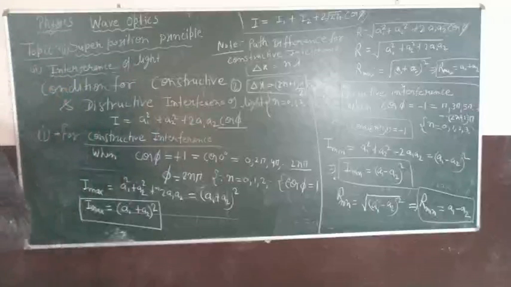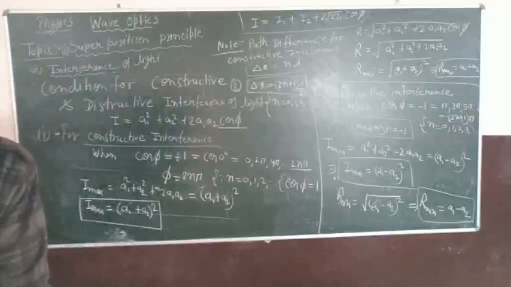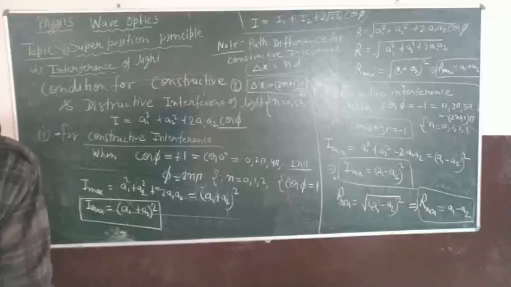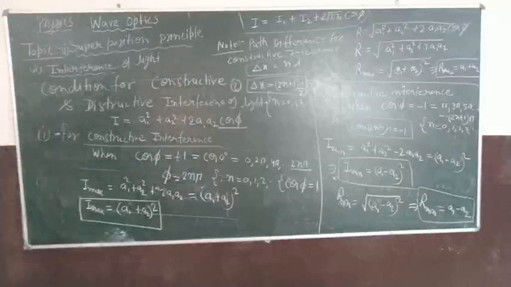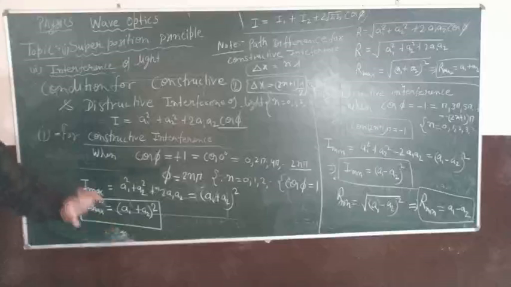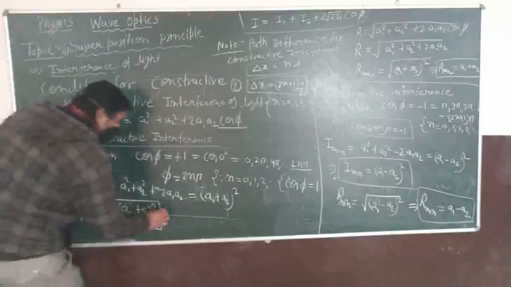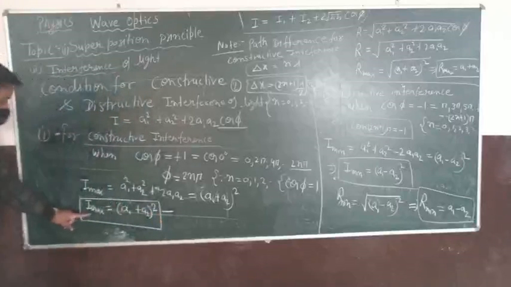Done? Now you can also relate the intensity and amplitude to each other. This is maximum intensity and that one is minimum intensity.